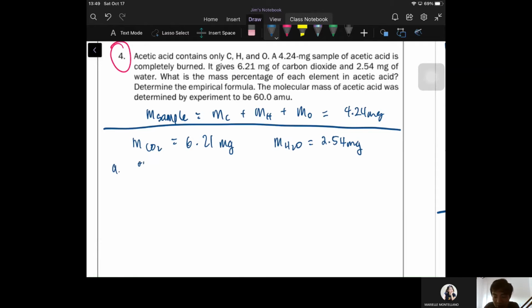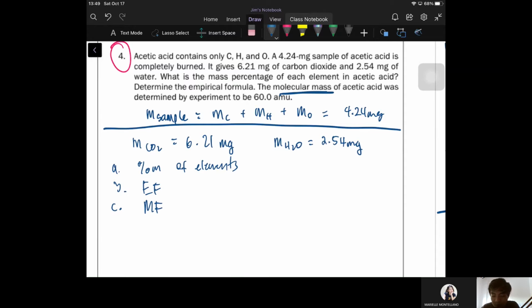A, percent mass of elements. B, empirical formula. And C, every time na given ang molecular mass, hanapin mo rin yung molecular formula. Matik yun. Okay? So, hanapin pala sa problem na to.